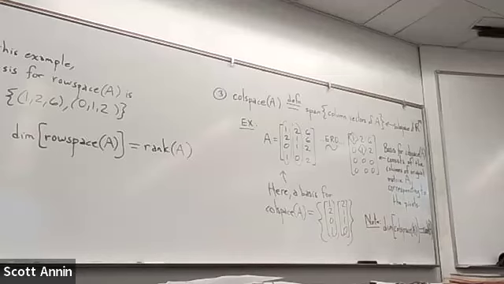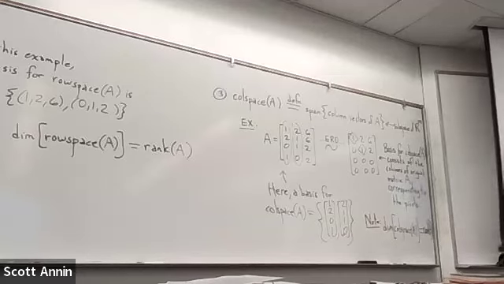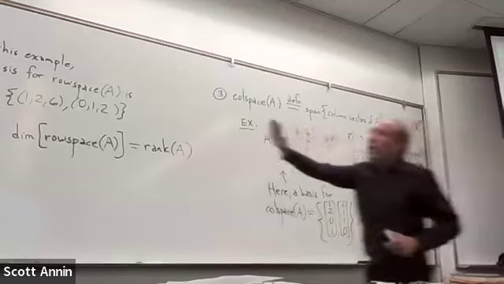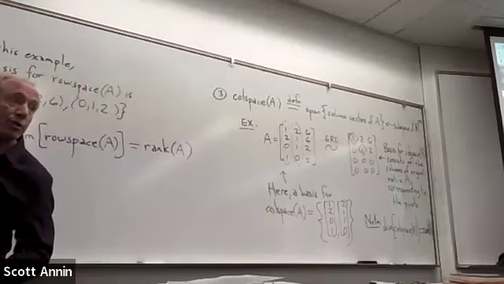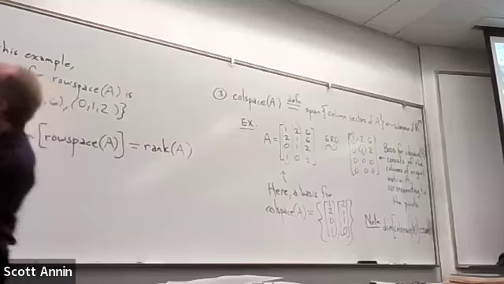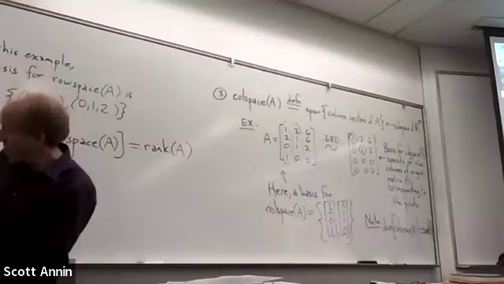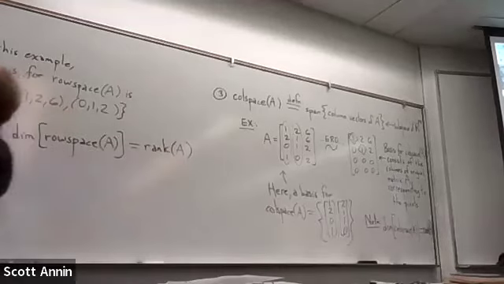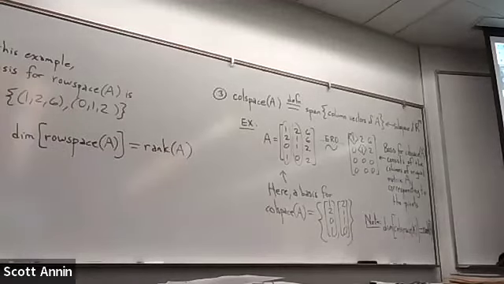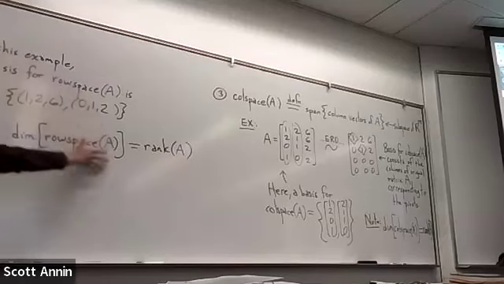So it's interesting. This is a little bit confusing. It's interesting that the null space and row space live in the same universe, but have different dimensions, right? The row space is rank of A, the null space is the nullity of A. They live in the same universe and have different dimensions.